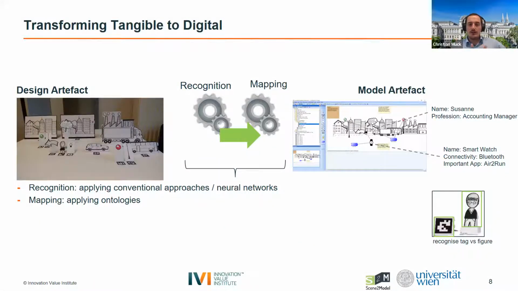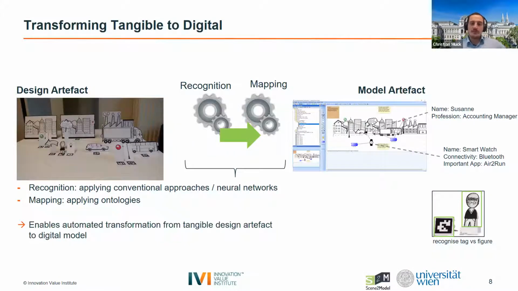And then, depending on how you recognize, you have to map this information that you get to a way that it can be interpreted by the modeling tool, and hopefully also enrich it with additional information needed in the domain where the workshop is applied. So, for example, we use ontologies to get information and provide it.